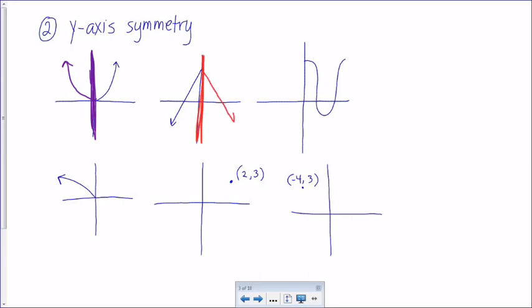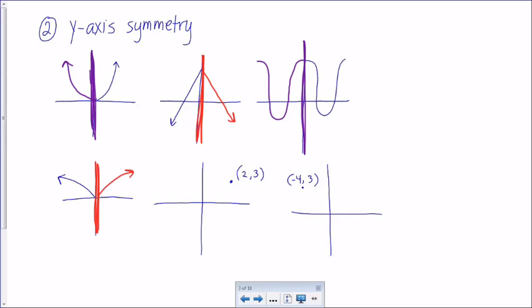So this part of the graph looks like that. Ooh, this one's a little trickier, this third picture here. Again, my mirror is right here. So it's going to look something like this. Right, same on both sides. All right, for this fourth picture, again, make sure the mirror is the y-axis.